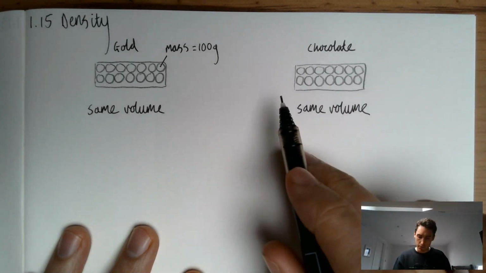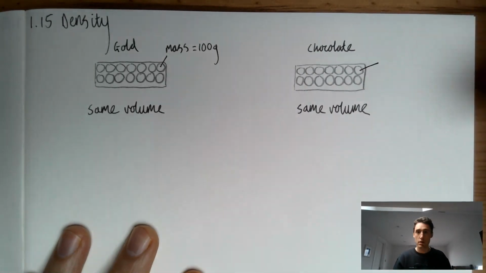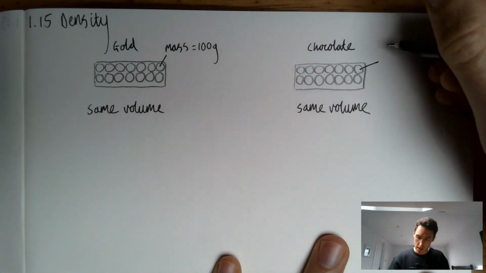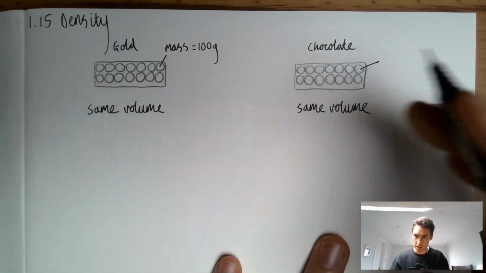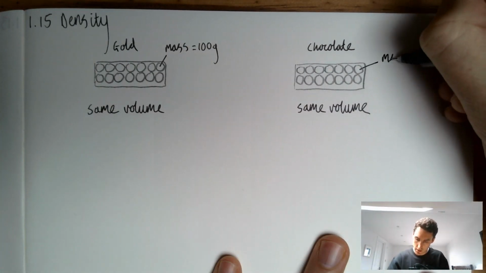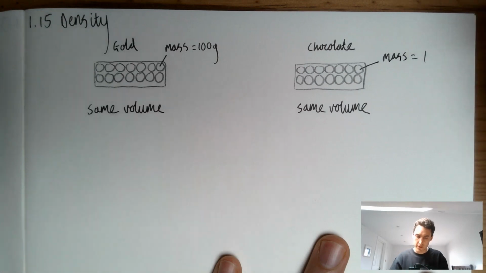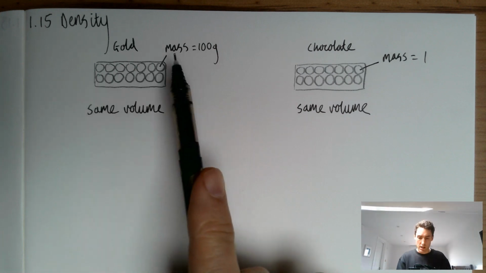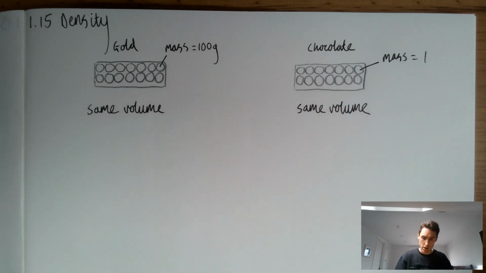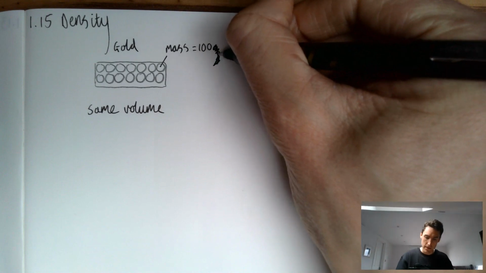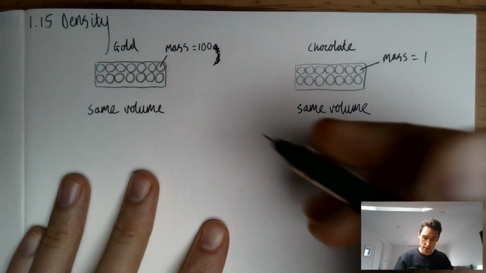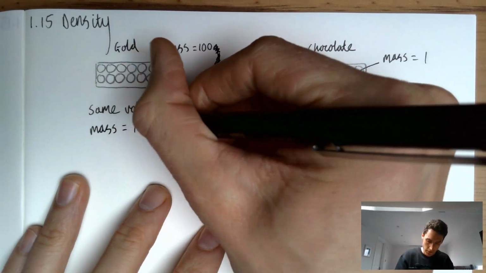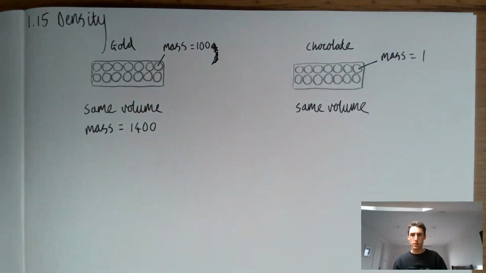Whereas each particle of chocolate, if that was a thing, obviously chocolate is a complex compound, but to keep it simple, to illustrate the concept of density, each particle of chocolate has a mass of 1. So if I've got 14 of these particles, each with a mass of 100, and I shouldn't have put grams there, sorry, I'm just going to keep it arbitrary units, then my total mass will be equal to 1400 of whatever units I choose.